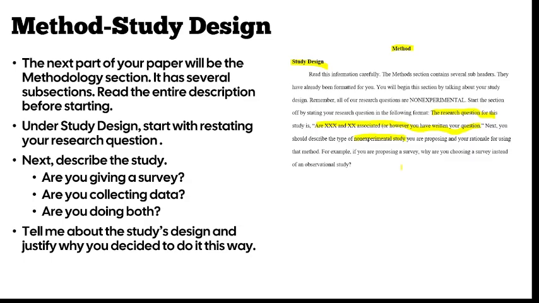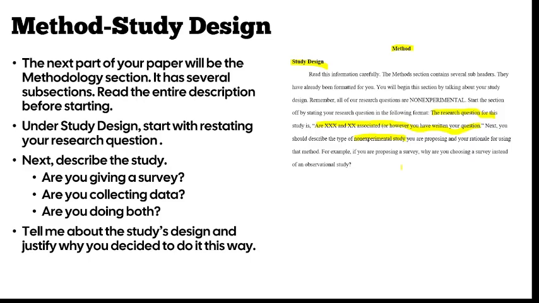So I would tell my reader that I'm doing a combination: my participants are answering measurement tools designed to gather data on their sleep quality, and I'm using an actual active component to gather data related to their sleep quality.